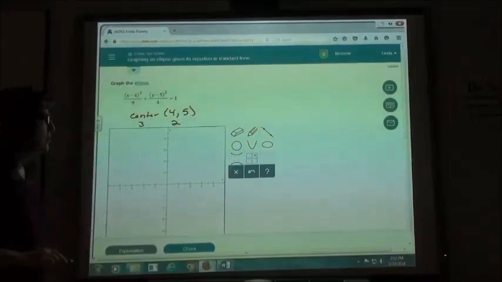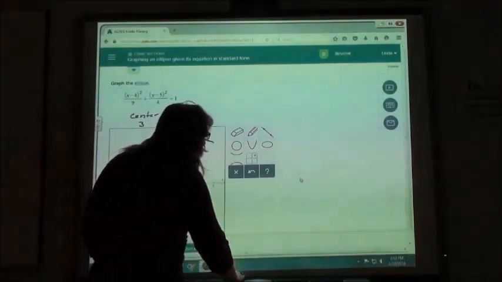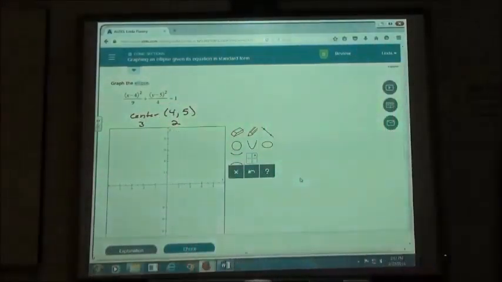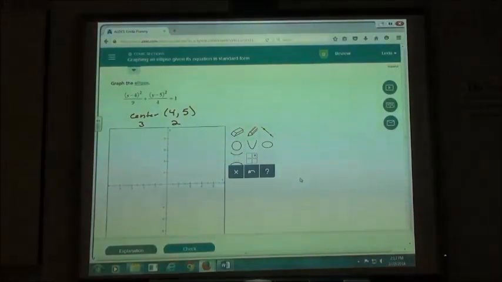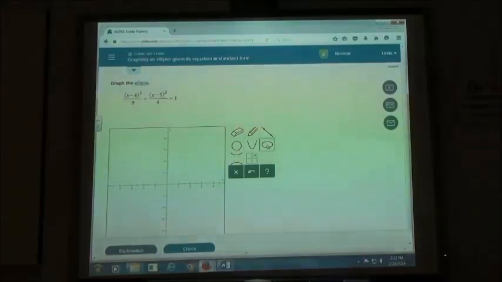Of course, when I use the tools, my writing will probably come off of there. But I'm going to go ahead and grab my ellipse tool, and click on my center. So I'm going to go to 1, 2, 3, 4, and then 1, 2, 3, 4, 5. I'm going to click to place the center.